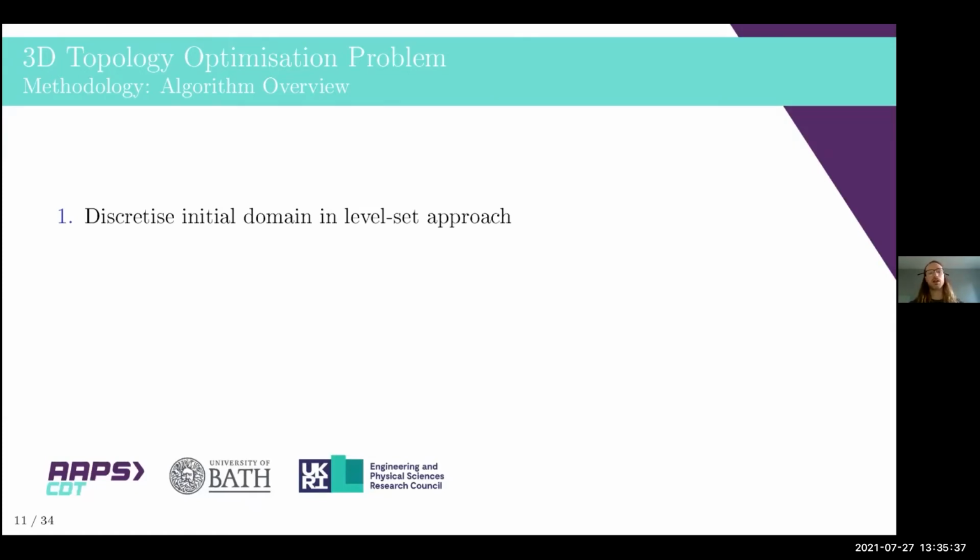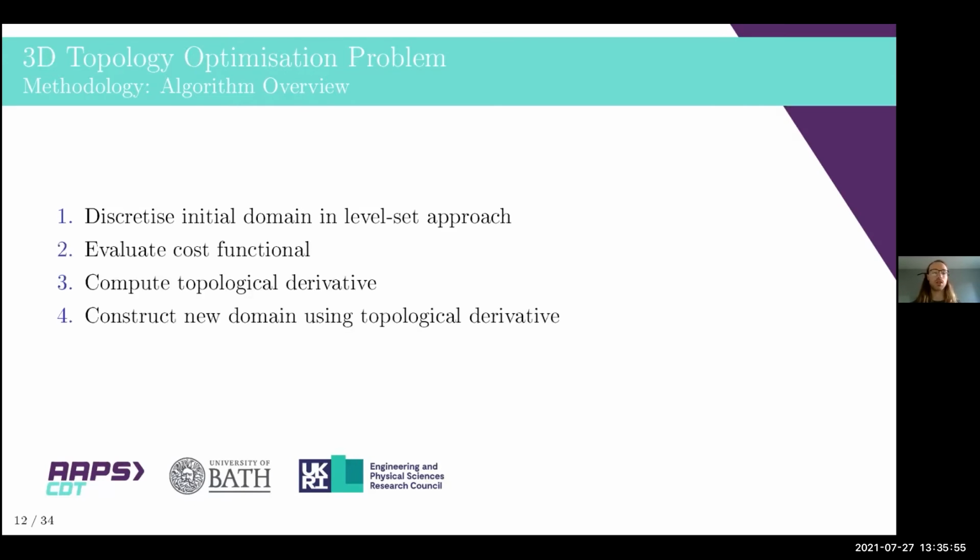because it turns out I'm actually not doing the 3D problem to start with. Maybe that could be an extension afterwards, but for now I'm just looking at a 2D problem, which we'll get into in a minute. But we can use this in a level set approach to optimize the topology. We would start by discretizing our initial domain. Then it would be an iterative process.